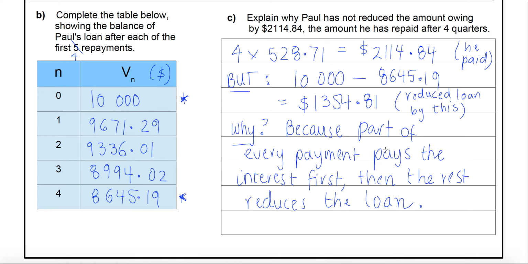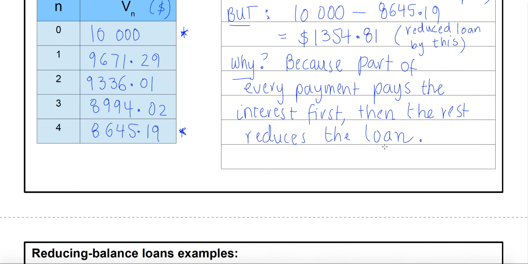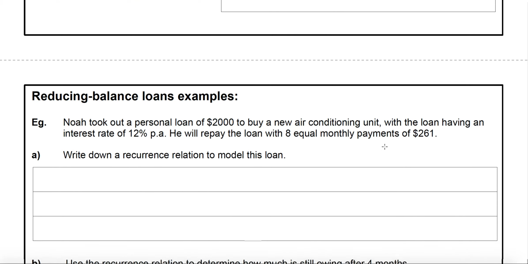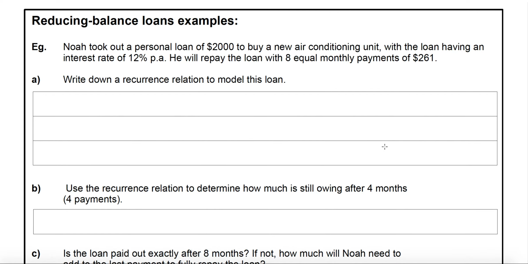Now, what we're going to be doing later in the topic is looking at an amortization table, and that's going to demonstrate where each of the payment is actually going. You'll be able to see the amount of interest and the amount of principal reduction. Before we get to that, we'll just do a little bit of practice with these examples here. So what I want you to do is pause it, and I want you to try these first before I do them.